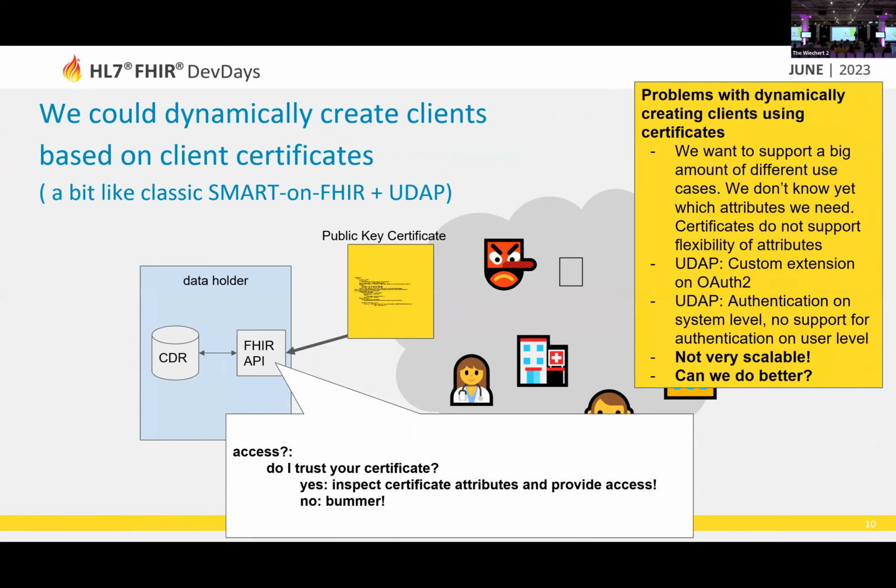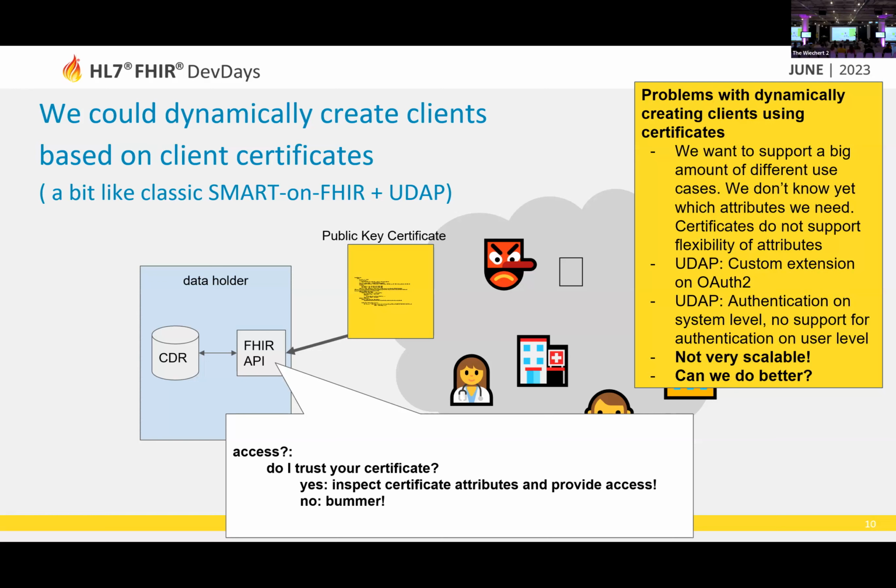But also with this strategy, there are some problems. One of the main problems is that certificates are not that flexible. The attributes that are on a certificate are not really easy to change or adopt. And in healthcare, there are like hundreds of use cases we want to support.